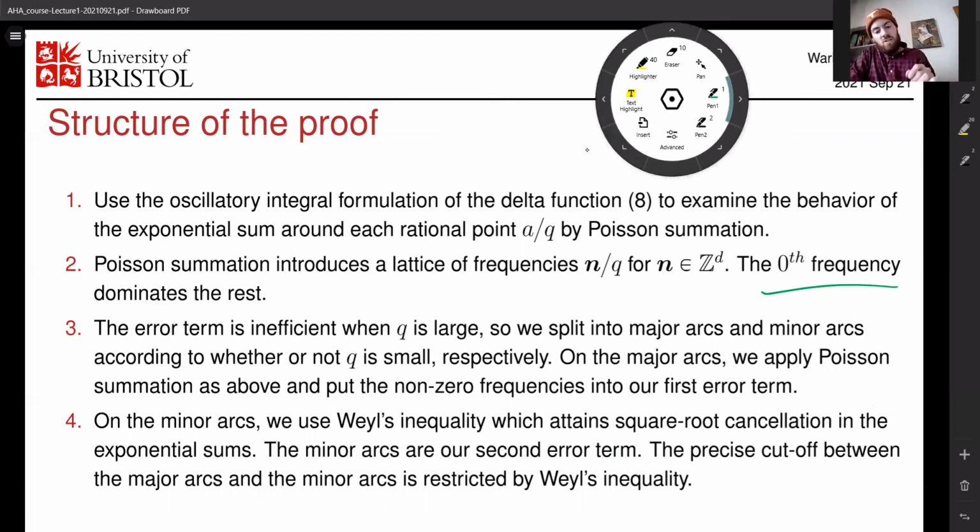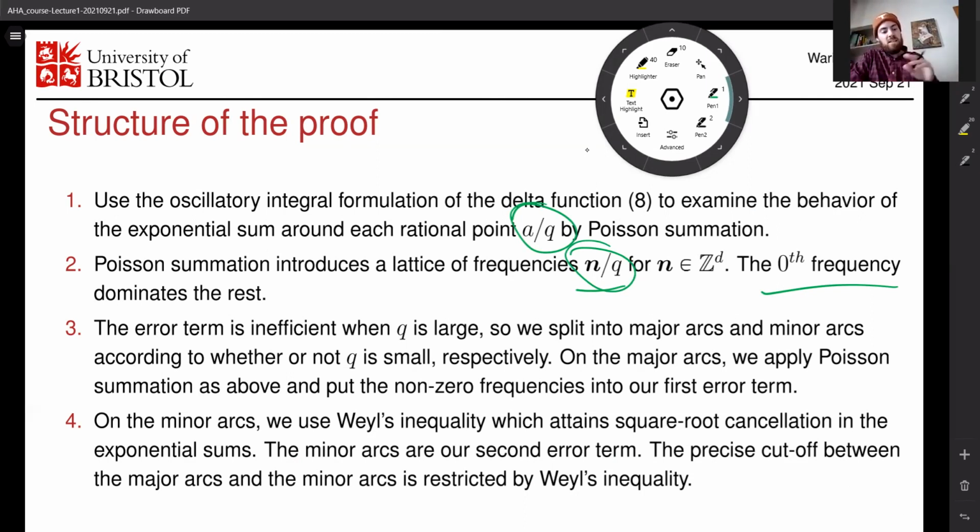For each of my rational points A over Q, where A is coprime to Q, so it's a reduced form, this Poisson summation gives you a lattice of frequencies that depend on Q. There are integral multiples of 1/Q. And the 0th frequency turns out to be the biggest one. By far, it dominates the rest. For us, that means we'll discard all n/Q where n is non-zero.